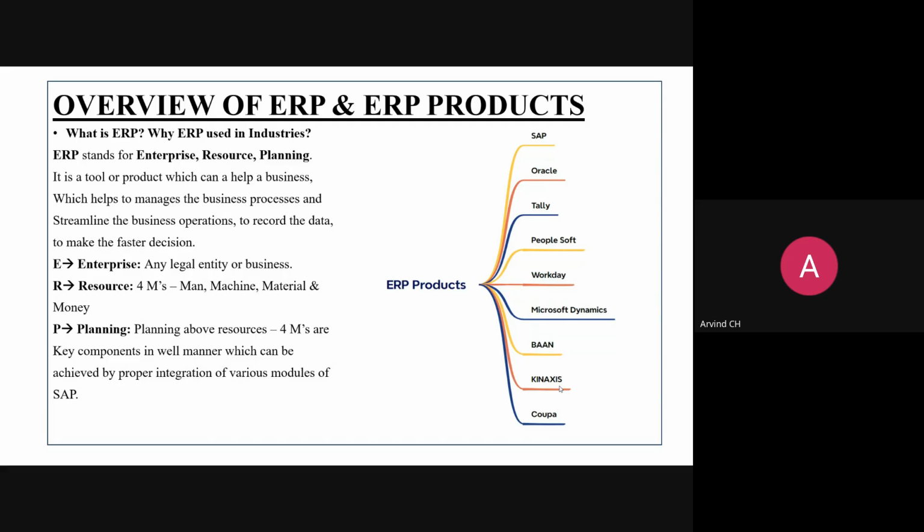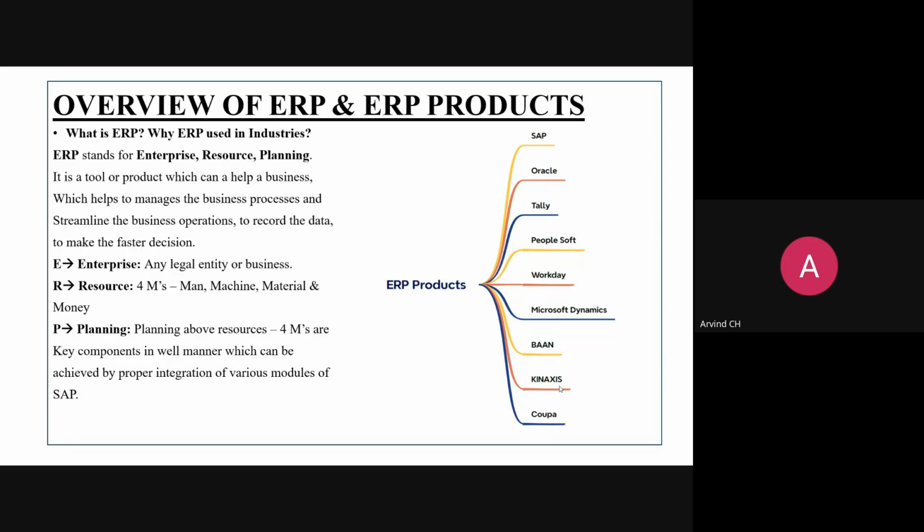To manage their business operations, to streamline their business processes, to record the data, and to analyze the data. Why do we have to analyze the data? To identify the gaps.